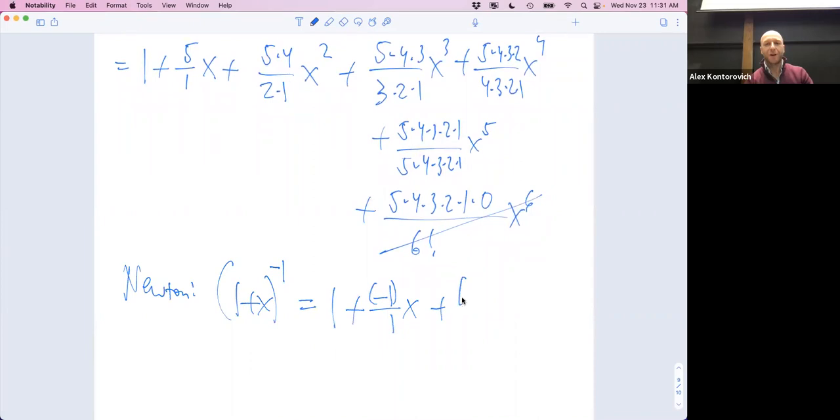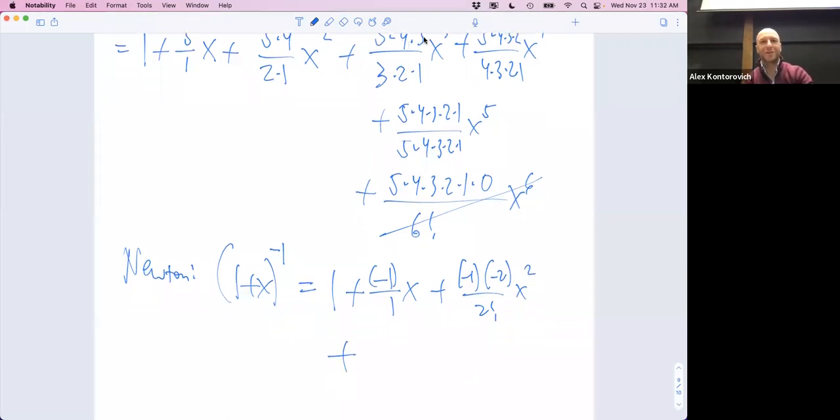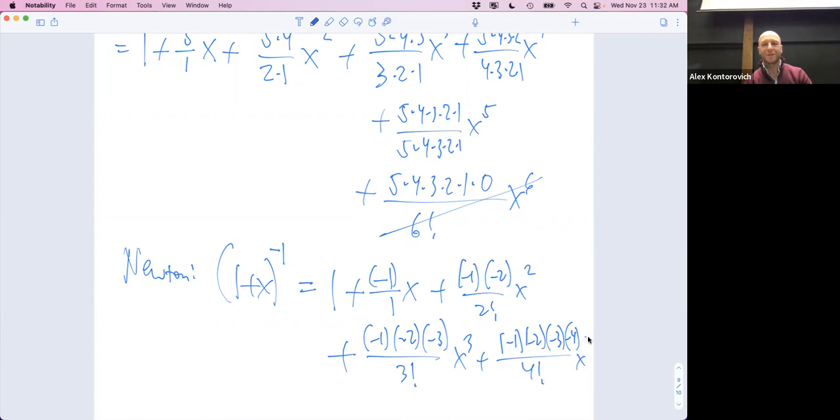I should do negative 1 and then 1 less than that, negative 2, over 2 factorial, x squared. You see that? And what's the next one? Negative 1, negative 2, negative 3. Negative 1 times negative 2 times negative 3 over 3 factorial, x cubed. And here, negative 1, negative 2, negative 3, negative 4 over 4 factorial, x to the 4th, and so on.